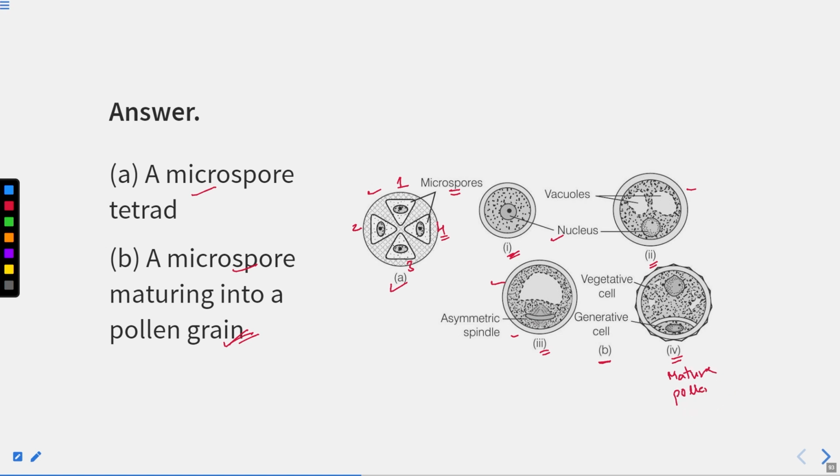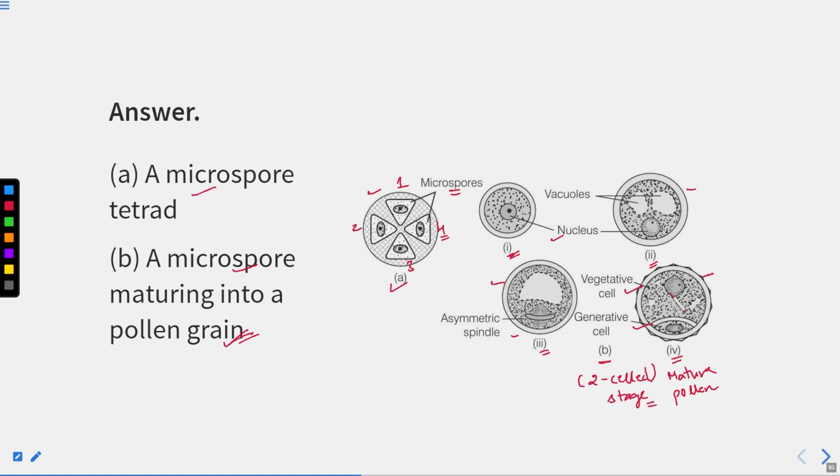In this mature pollen, the larger cell is known as the vegetative cell and the smaller one is known as the generative cell. So this is a pollen at 2-celled stage. Okay, you can see 2 cells are formed. Most of the pollens are released at this 2-cell stage.